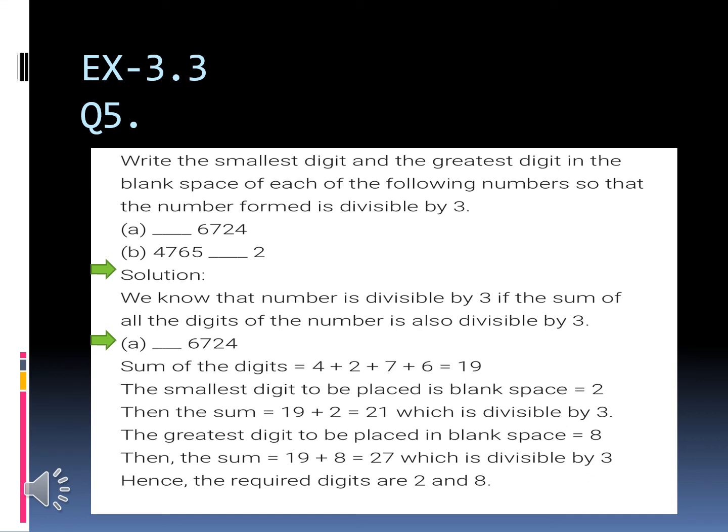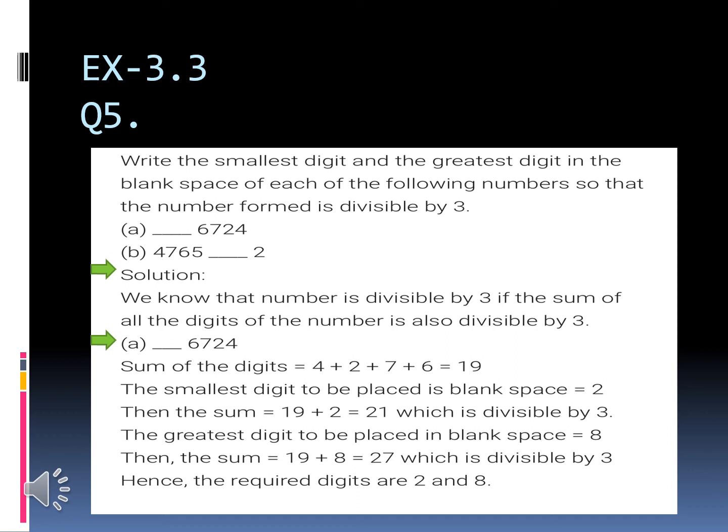So the smallest number that we can add with 19 to make it divisible by 3 is 2, right? 19 plus 2 is 21. Then 21 is divisible by 3. So the smallest number that can be placed in this blank is 2, right?